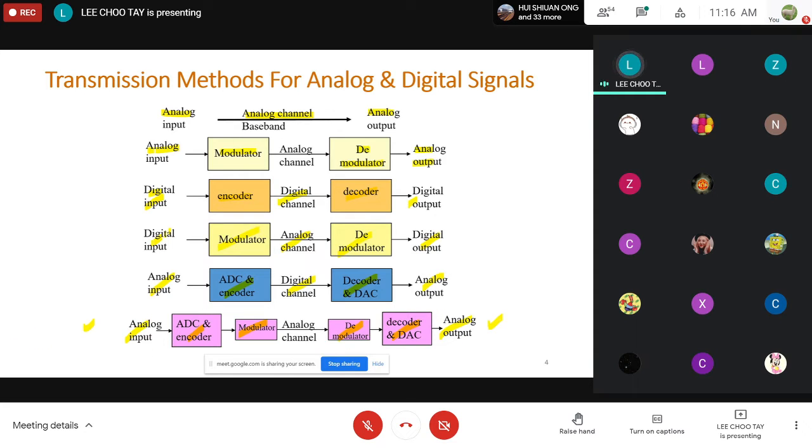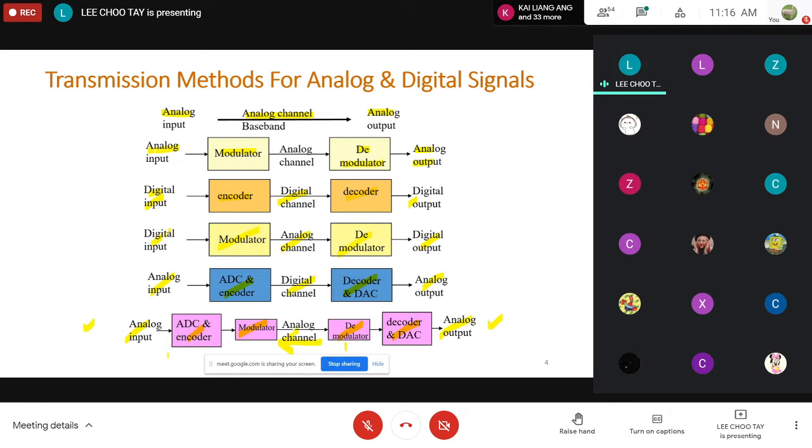So you need to have a set of ADC and encoder here, a set of modulator here, and then your information is going to travel in this direction. So you need to have a demodulator here, you just change the position of the block, followed by the decoder and DAC over here.